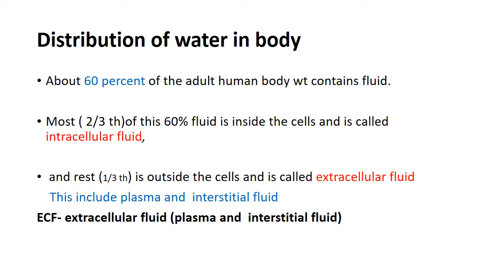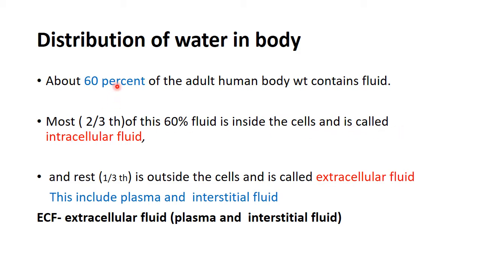So, the distribution of water in the body. The first point we have to understand is where it is distributed. 60% of the adult human body's weight is fluid. Out of this 60%, two-thirds is inside the cells, and this is called intracellular fluid.